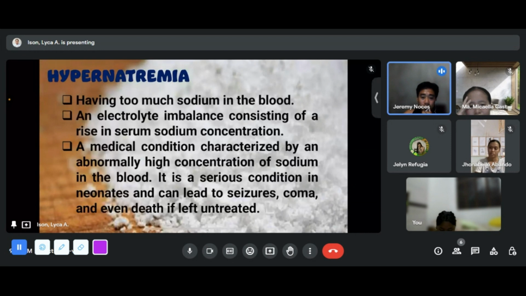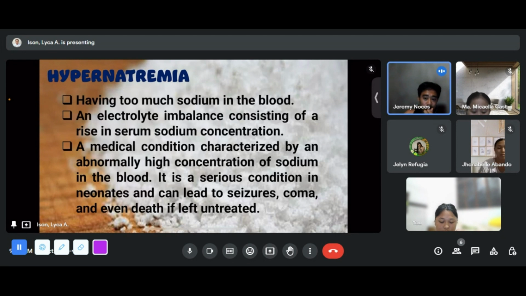So, to explain it further, imagine a cell. In the cell, we have the intracellular fluid and the extracellular fluid. In this case, there is a high concentration of sodium in the extracellular fluid. So ang nangyayari, lahat ng tubig doon sa intracellular fluid ay lumalabas o pumupunta doon sa extracellular fluid, kasi nga, madaming sodium doon. 'Di ba water loves sodium? At isa pa, mataas ang concentration dun sa extracellular fluid kaya pumupunta doon si water.